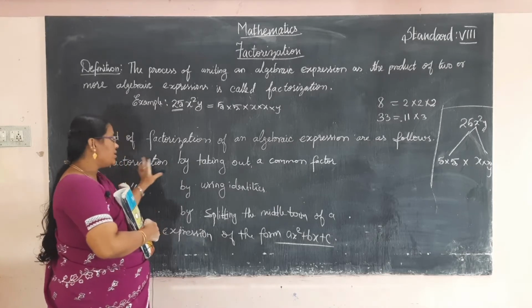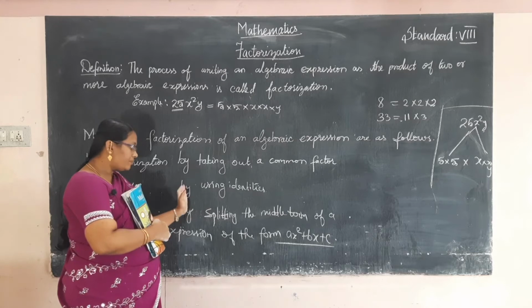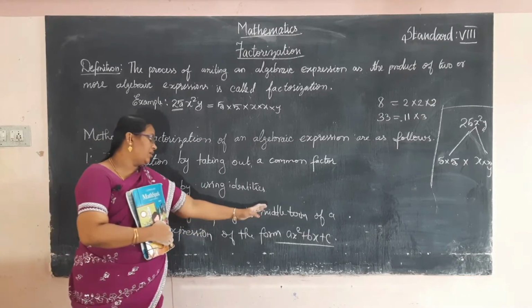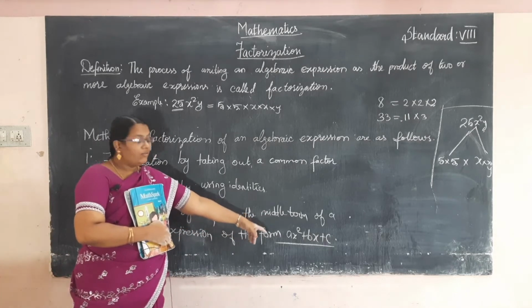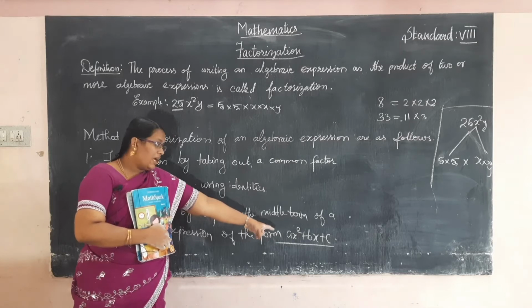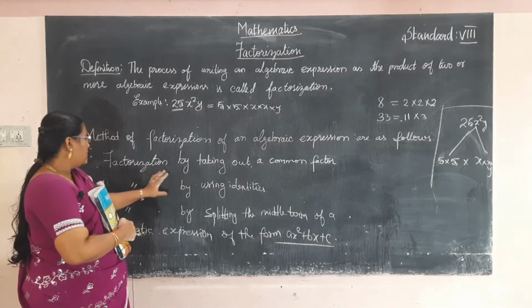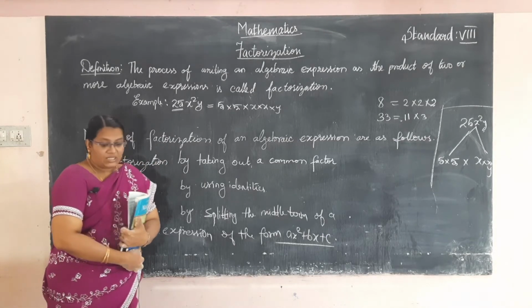The first one is taking out a common factor, the second one is using the identities, and the third one is splitting the middle term of a quadratic expression of the form ax squared plus bx plus c. Now see the first one, factorization by taking out a common factor. See the example.